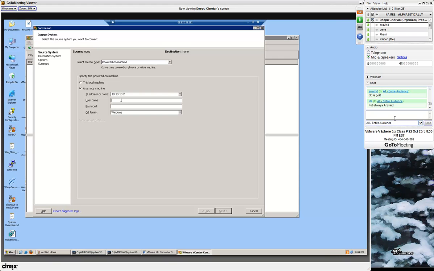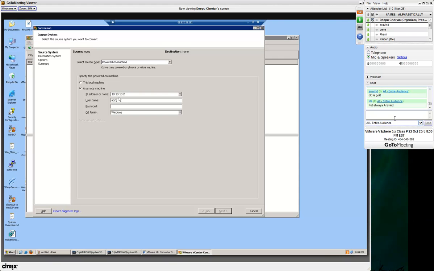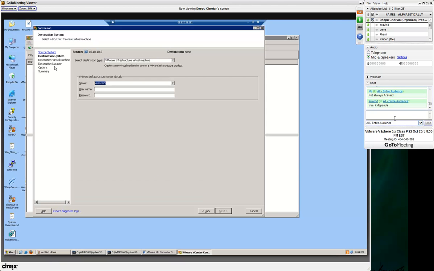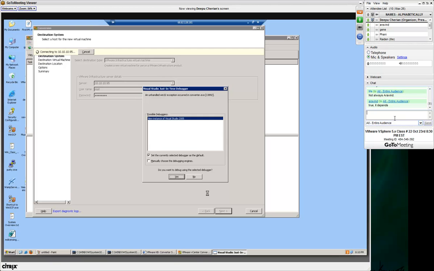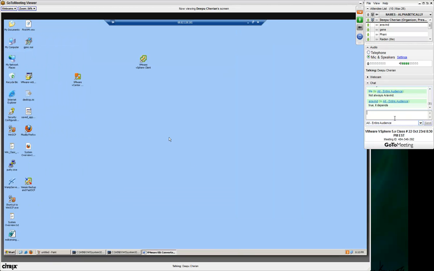Next. It is still crashing, so what? That's probably because we have to restart that server.